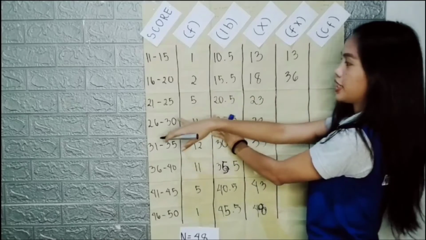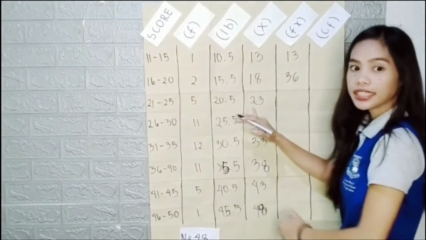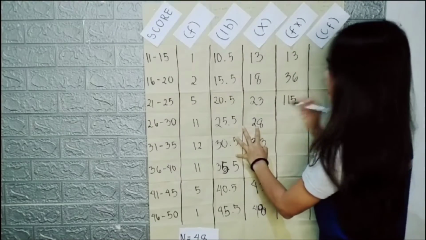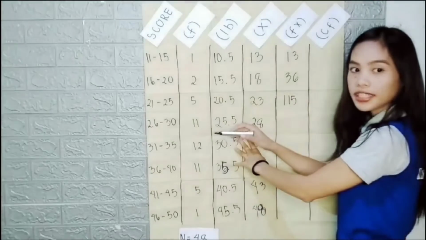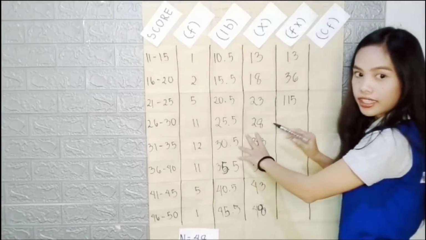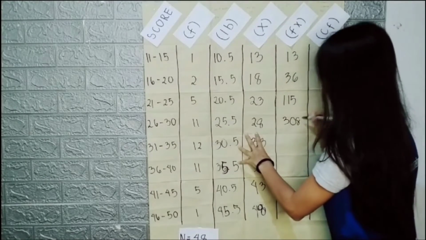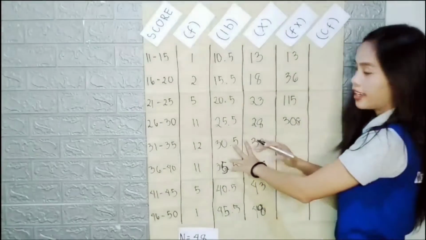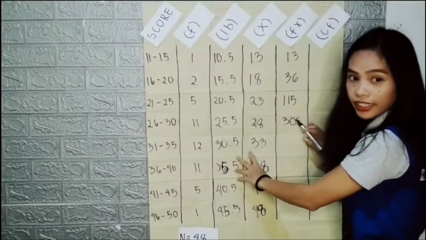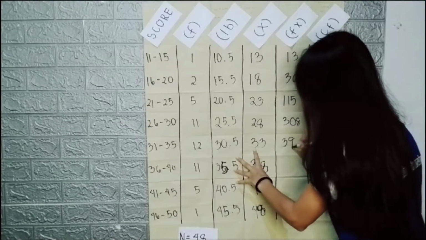And next is 5 times 23. Our answer will be 115. Next is 11 times 28 is equal to 308. And next, 12 times 33 is equal to 396.